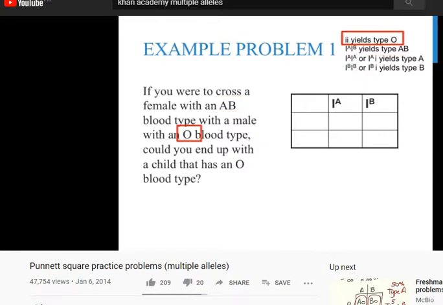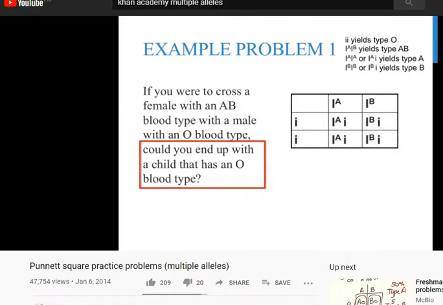The next part states that you would cross this female with a male that has an O blood type. Just like before, refer to the key. There is only one genotype that can give you an O blood type, which is lowercase i, lowercase i. Again, put this information on the outside of the Punnett square.